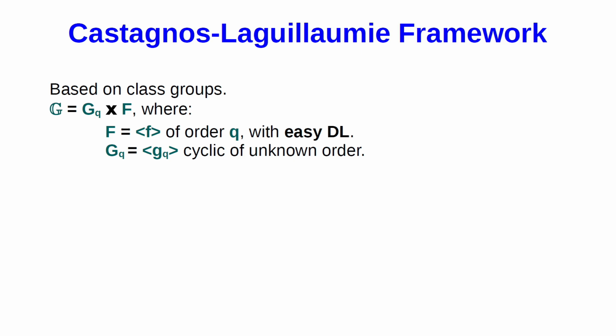One is a group of unknown order, and the other is a group of order that we can choose, and that has an easy discrete log, even if the order is very large.